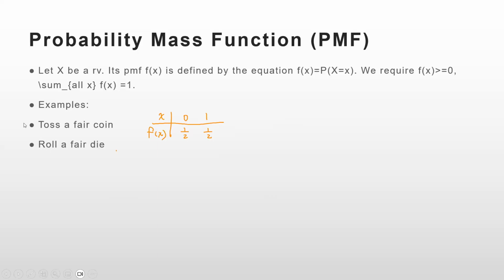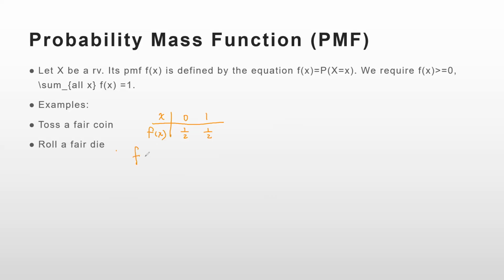All right, next we roll a die. It's a fair die, so the probability of getting 1, 2, 3, 4, 5, 6 are all the same. We can actually use a function to describe it. It's probably easier to do that. We know the sample space is 1, 2, 3, 4, 5, 6.